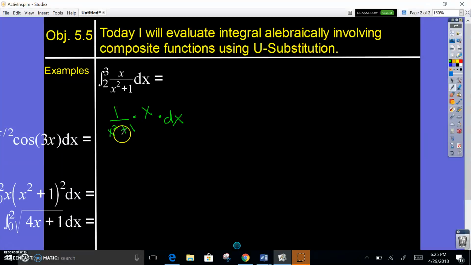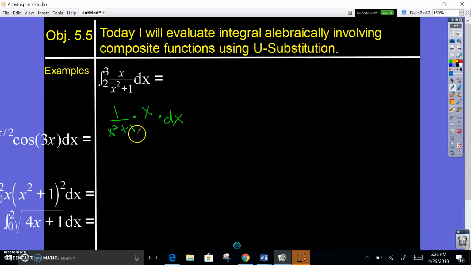So I'm looking at this and I'm trying to decide what u is going to equal. Well, I need to pick the function that is in the most complicated position. So I have x in the numerator, x squared plus 1 in the denominator. So clearly x squared plus 1 is in the most complicated position.